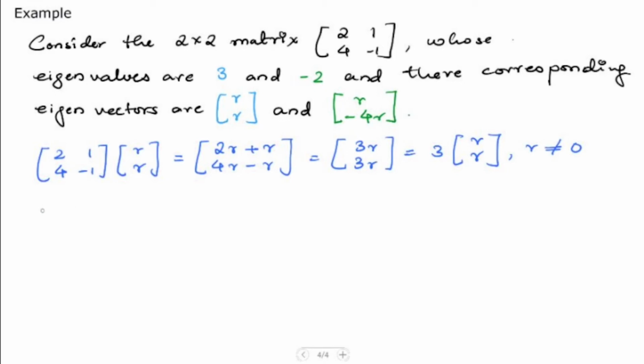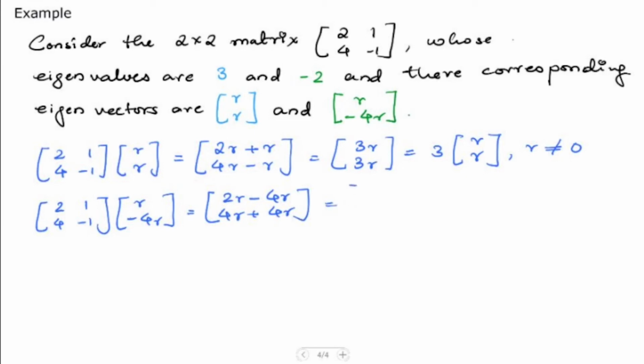And then now if you take the matrix 2, 1, 4, minus 1 with the second vector, which is r, minus 4r here, it would result in 2r minus 4r, and then we would have 4r plus 4r.